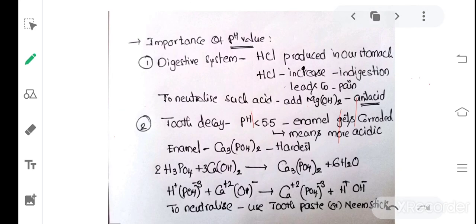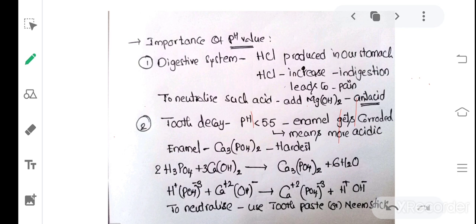And the next one is the importance of pH value. Digestive system: in our stomach, hydrochloric acid is produced. It helps the digestion of food without causing any harm to the stomach.